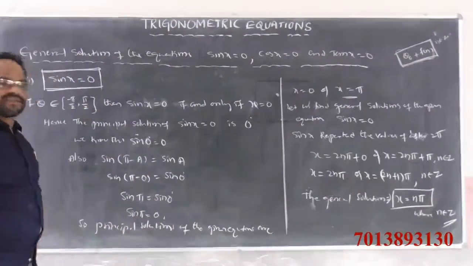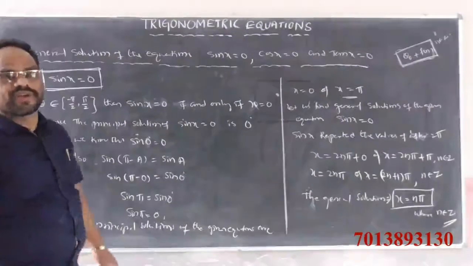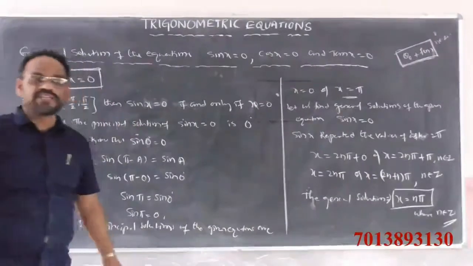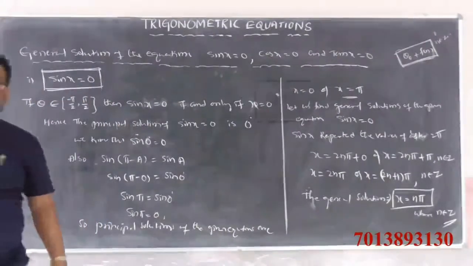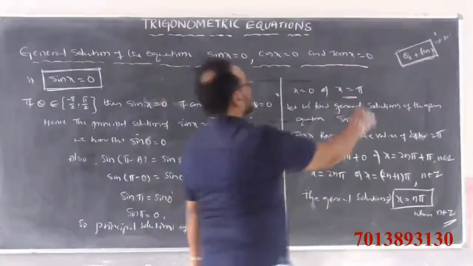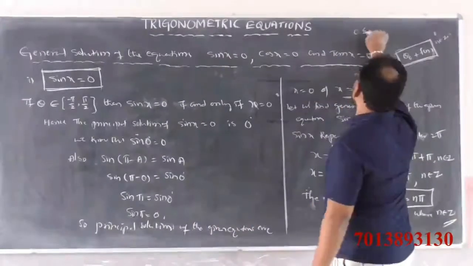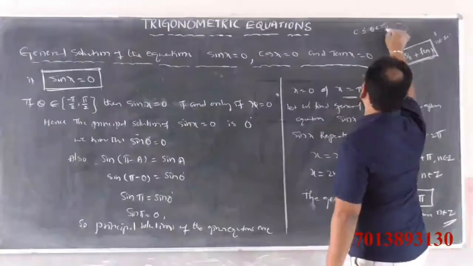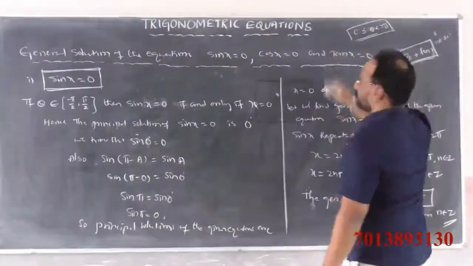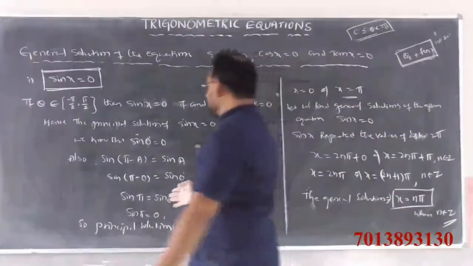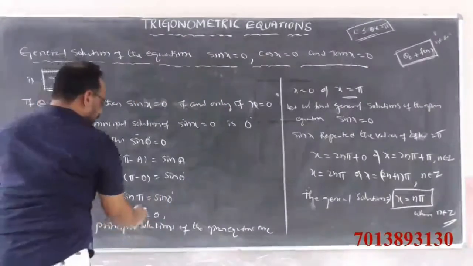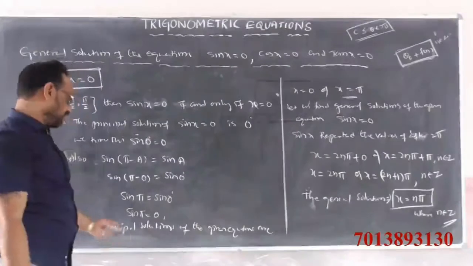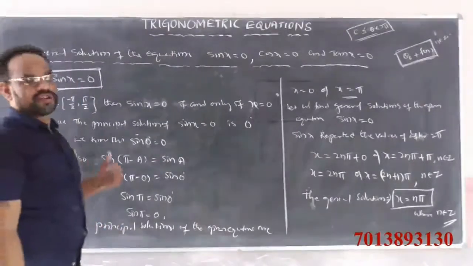This is also a principal solution. Why? Because the principal solution is a solution which lies between 0 less than or equal to theta less than 2 pi. So clearly sin pi equals 0, so pi is also a solution of the given trigonometric equation.